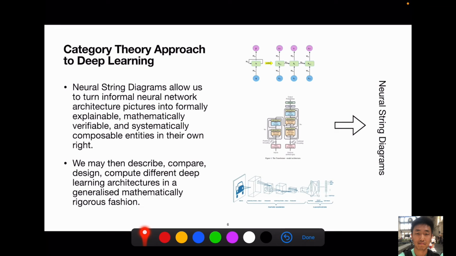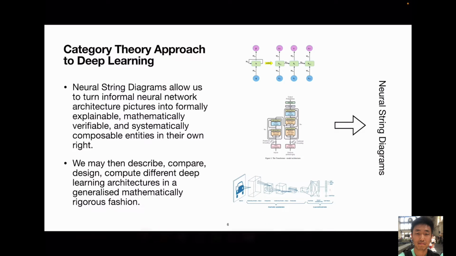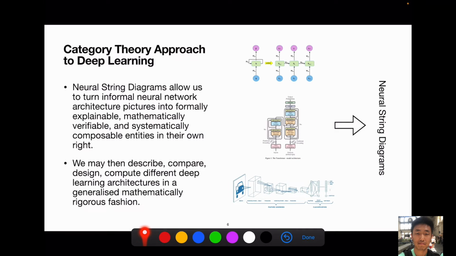So in practice, neural string diagrams allow us to turn informal neural network architecture pictures into formally explainable, mathematically verifiable, and systematically composable entities in their own right. So for example, we have RNN up here, we have transformer, and we have CNN down here. Usually when we look at a neural network architecture, we see these kinds of informal pictures to illustrate what's going on.